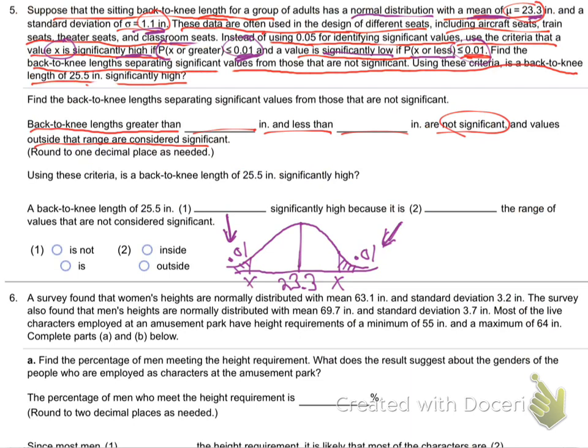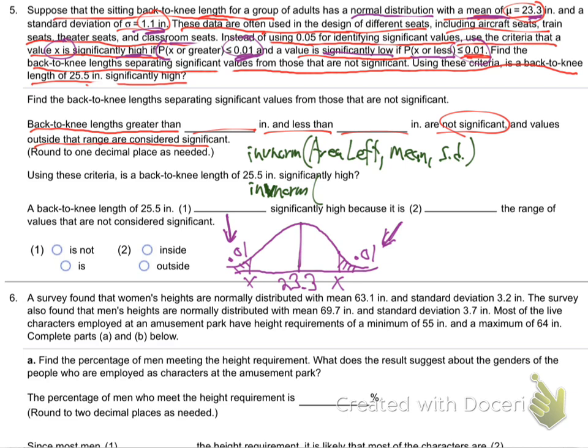They're giving me the percentage already, so I'm going to go inverse norm: area left, mean, standard deviation.